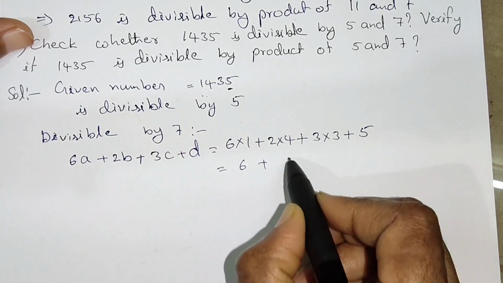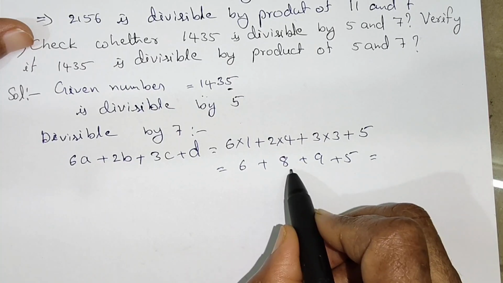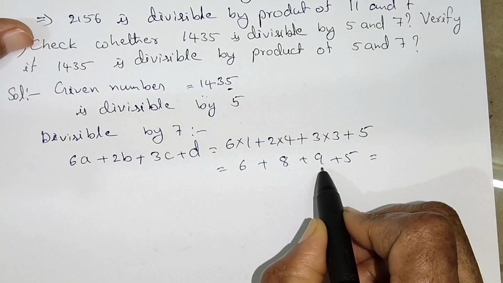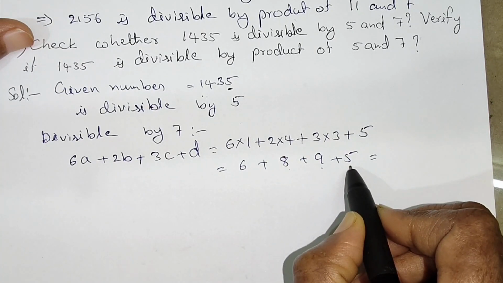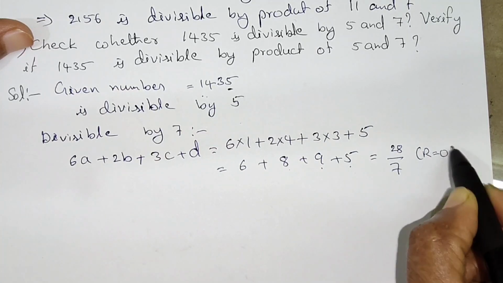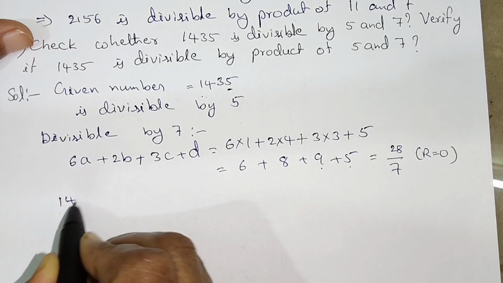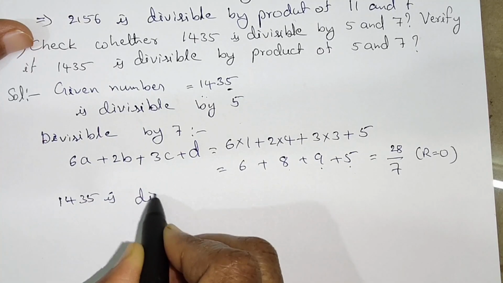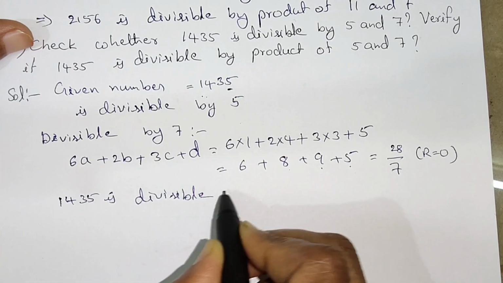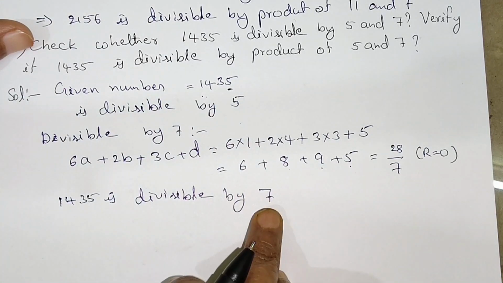So 6 plus 8 plus 9 plus 5. 6 plus 8 is 14, 14 plus 9 is 23, 23 plus 5 is 28. 28 is divisible by 7. Here the remainder is 0, so 1435 is divisible by 7. So this number is divisible by 5 and divisible by 7.